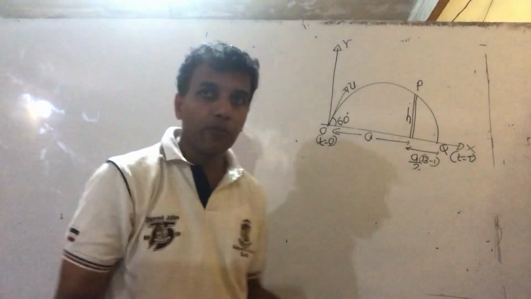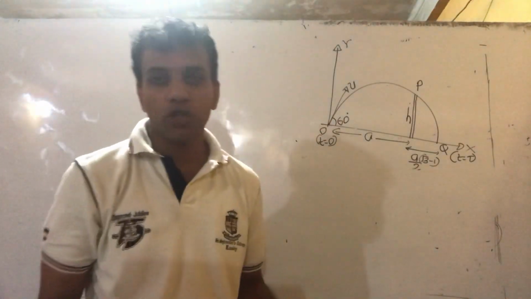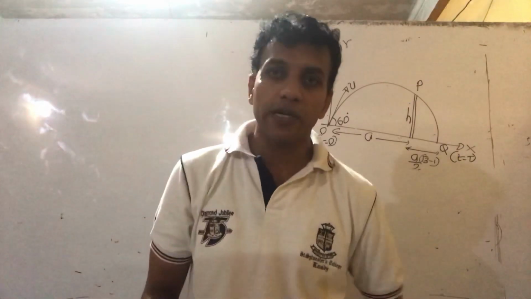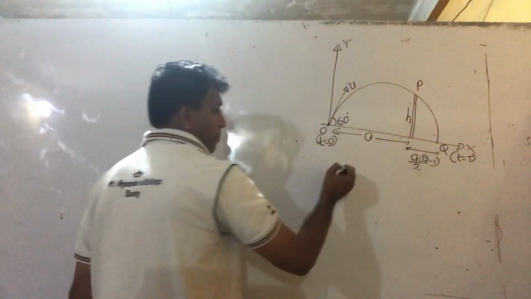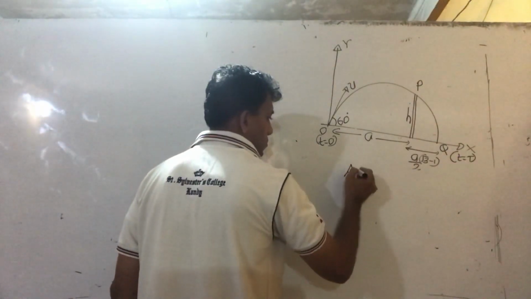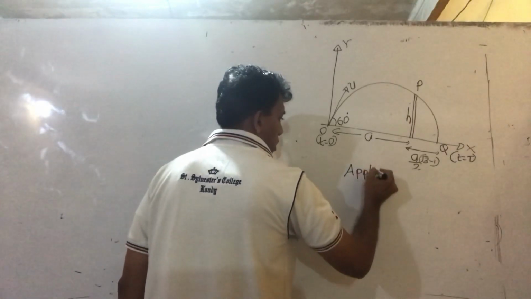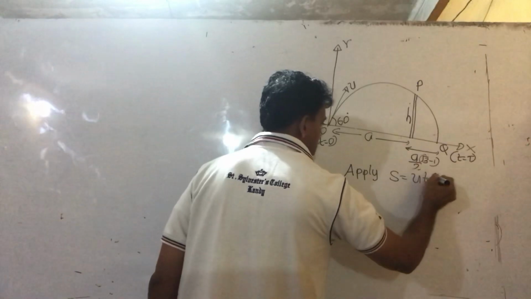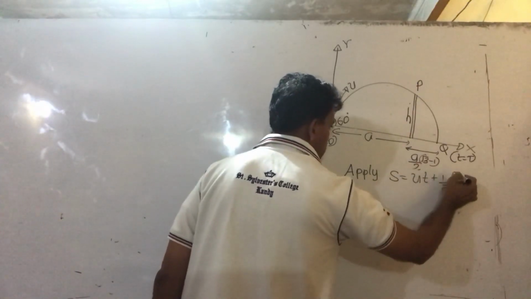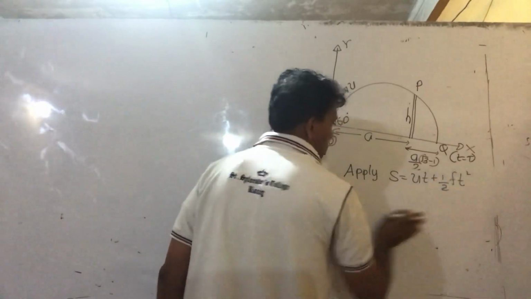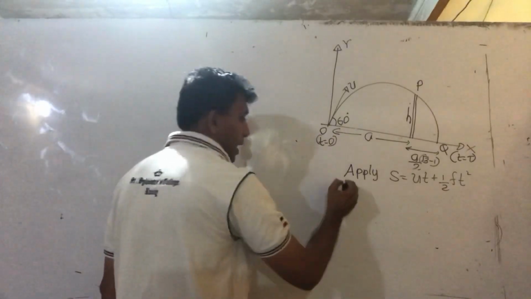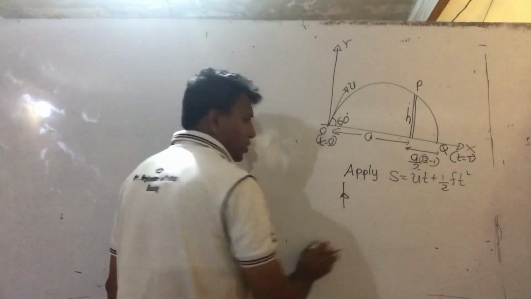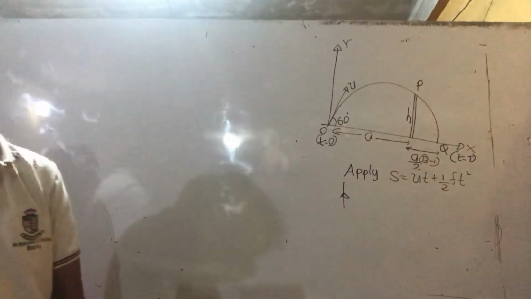So what is the popular formula for projectile motion? S equals ut plus half ft square. So apply it. First I apply it vertically upwards, or horizontally, whichever.